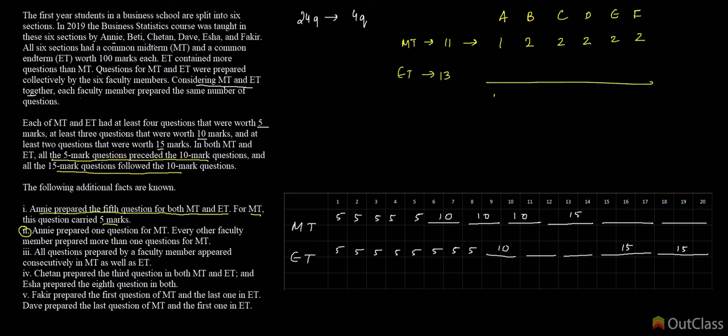And to get the total of 4, you'll have to put 3, 2, 2, 2, 2, 2. That is what we get from the second clue. The first clue says Annie prepared the 5th question for both MT and ET. So the 5th MT and the 5th ET.